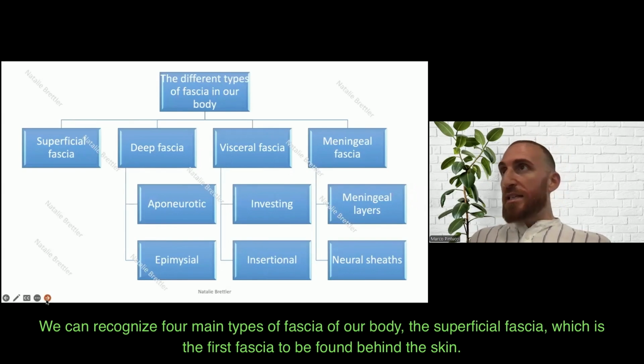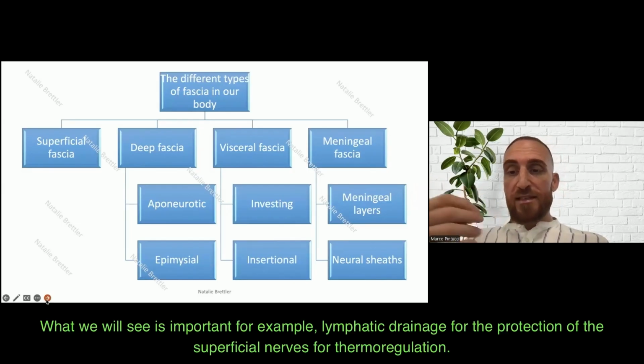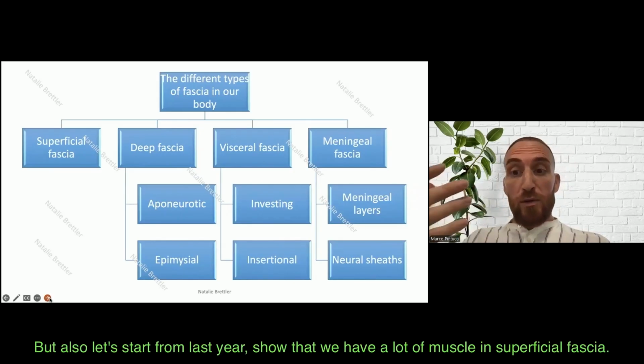We can recognize four main types of fascia in our body. The superficial fascia, which is the first fascia that we find behind the skin, is important, for example, for lymphatic drainage, for the protection of the superficial nerves, and for thermoregulation. But also, the latest study from last year shows that we have a lot of mast cells in the superficial fascia.